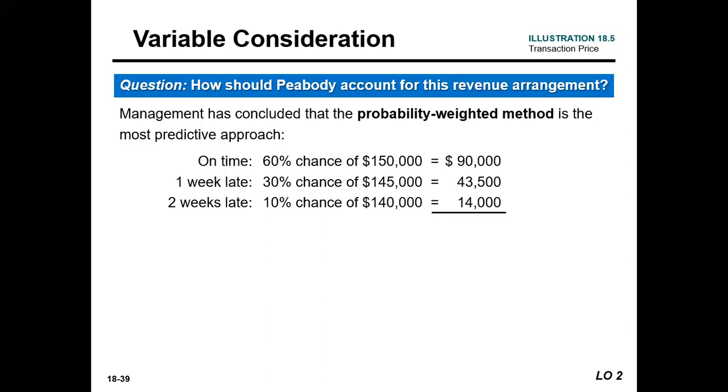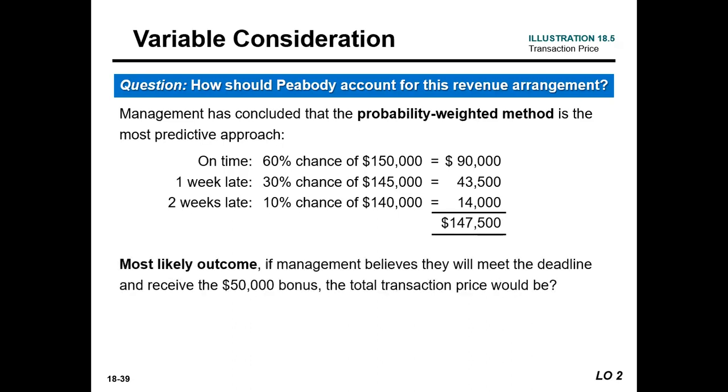So 43,400. The next is 50,000 times 80%. We are reducing 10. 40 plus 100, 140 multiplied by 10%. So that is the amount, 14,000.